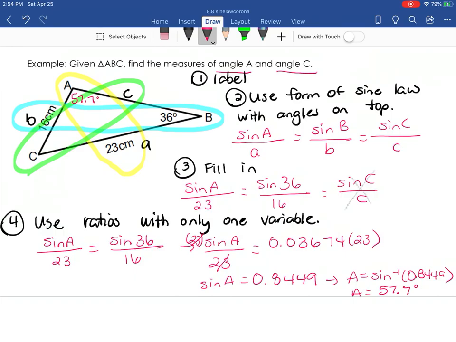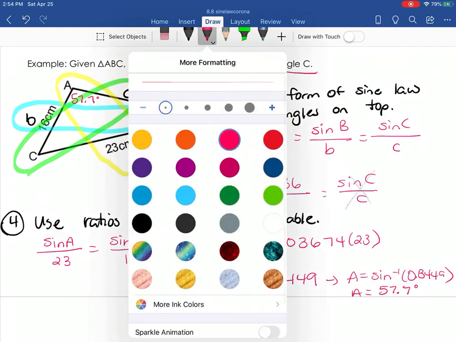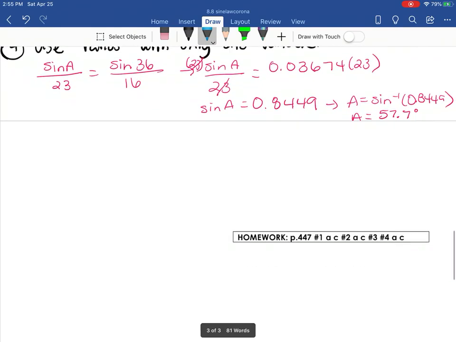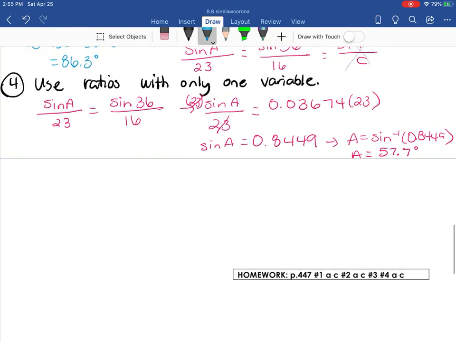You can put that right in your triangle if you want, 57.7. Then all we have to do now is solve for angle C. Like I said, I'm going to write it up here because I'm out of room. Sorry about that. So angle C, you can do 180 minus 36 minus 57.7, and you get 86.3.